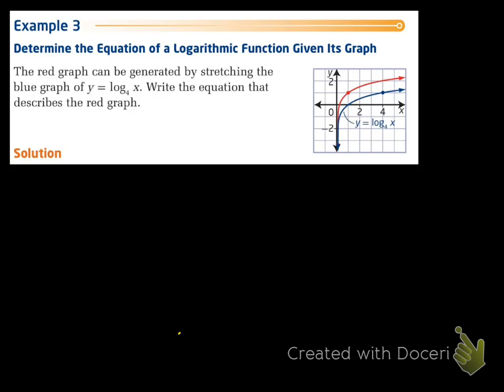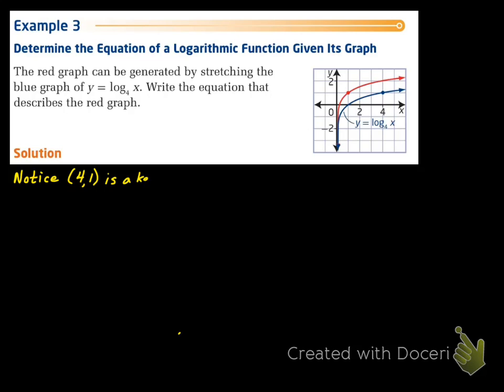Well, notice that our blue graph is y equals the log base 4 of x. One of our points is going to be at 4 and at 1. But now the red graph is going to shift it, and it's like dividing it by a quarter. Instead of being at 4, 1, it's only going to be at 1, 1.